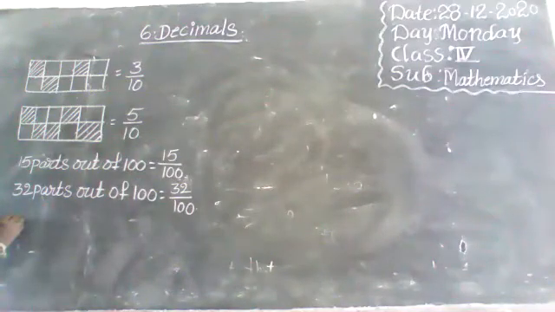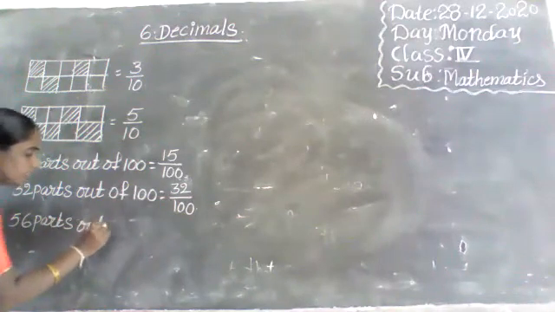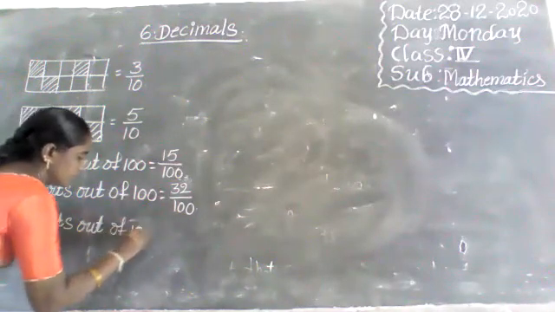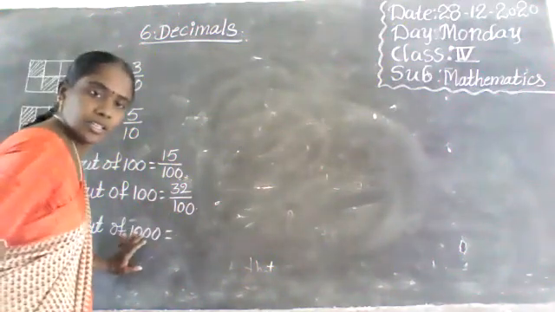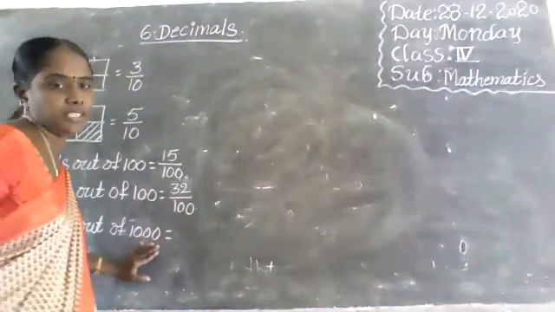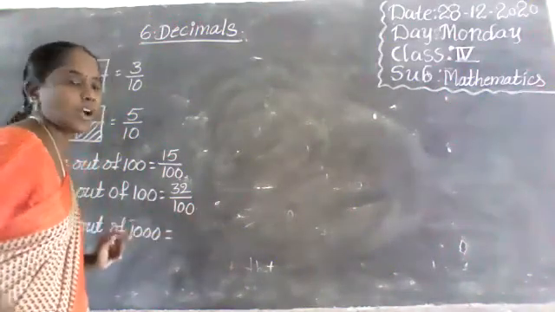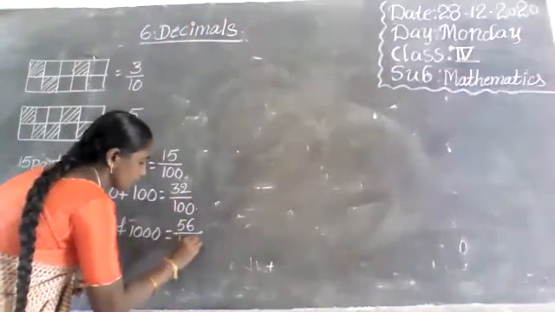Next, 56 parts out of 1000. How to write the fraction form? Very good. 56 by 1000.